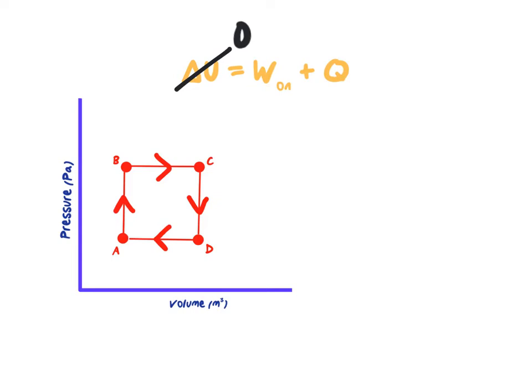So what we want to think about here is that there was a heat flow into the gas over here. There was a heat flow into the gas over here. But then there was an exhaust over here and through this process over here. So what we're able to see here is that the net amount of work done, as we just described, would be the area bound by the thermodynamic processes AB, BC, CD, and DA.